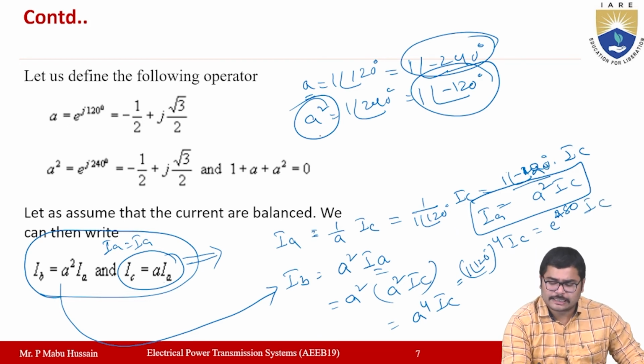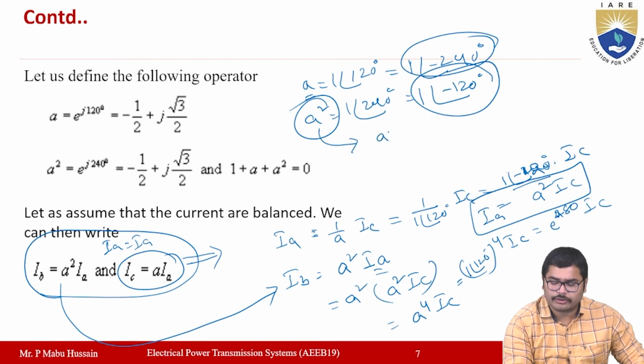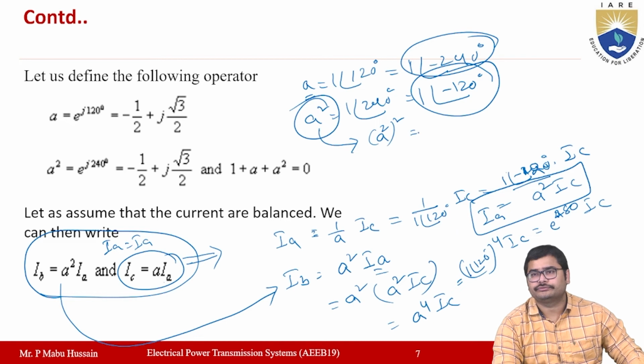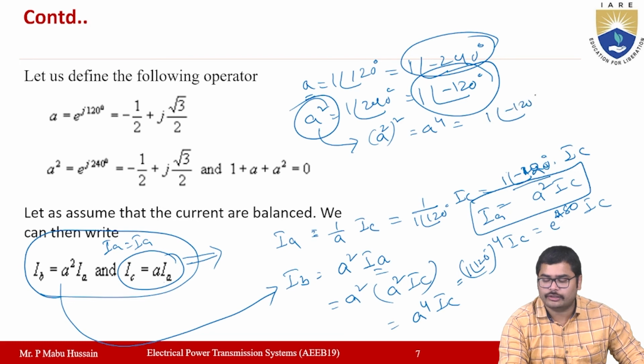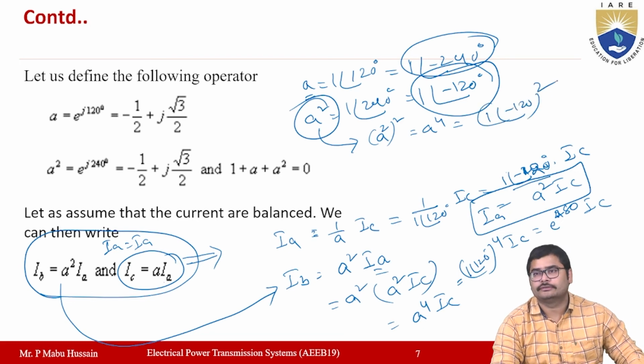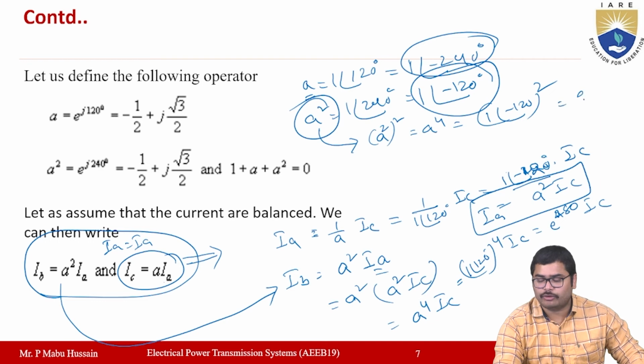Okay, or from this equation, if you write A square whole square you will get A power 4, right? So A power 4 is equal to 1 at an angle minus 120 whole square, which is nothing but e power minus j 120 whole square.